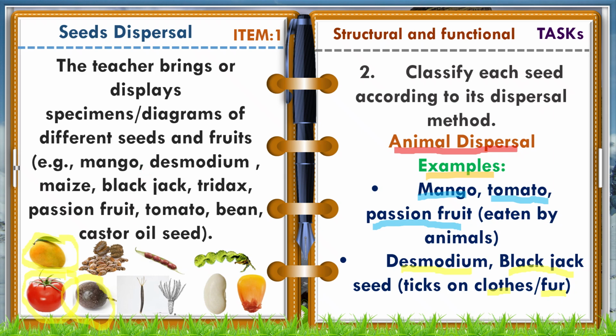Then we have the desmodium and we have the blackjack. These ones have got hooks, hair-like structures and hooks that attach themselves on clothes, and they can be carried from one place to another.